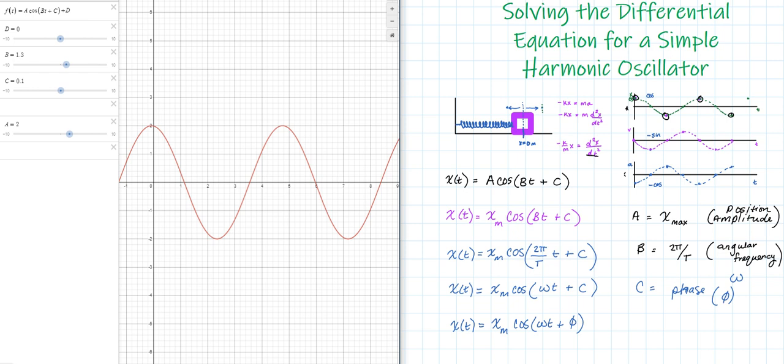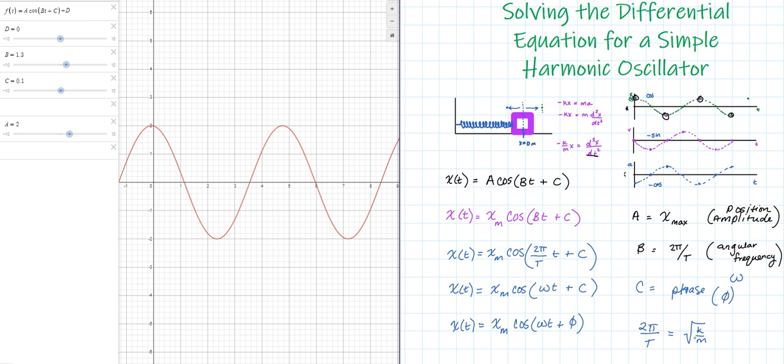Now if we look at this, we know from before that we showed that 2 pi over T, the angular frequency, was also equal to some sort of physical constant. And we showed that it was actually equal to the square root of k over m for the oscillating spring.